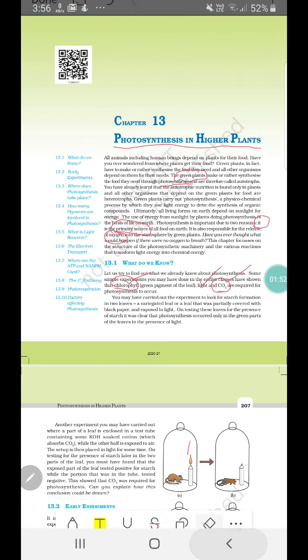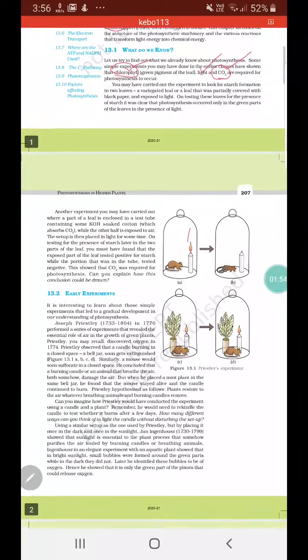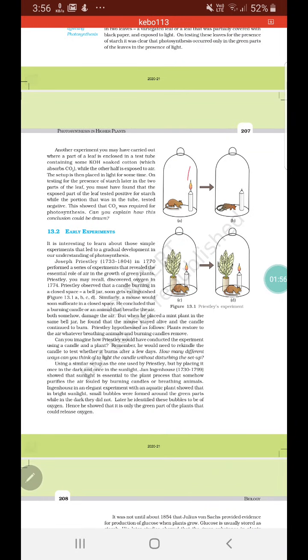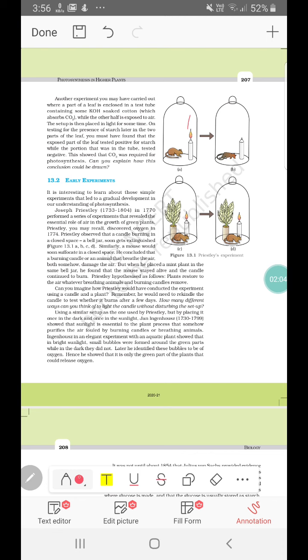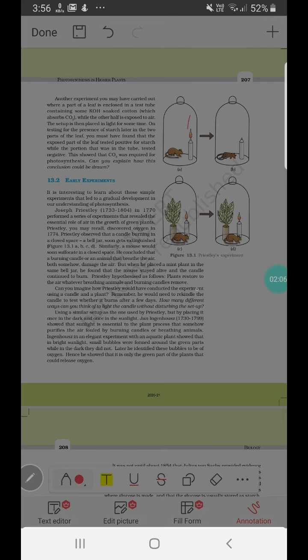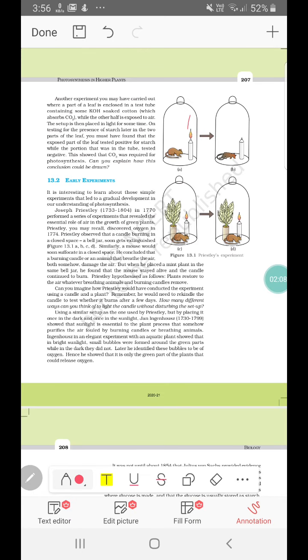When it absorbs carbon dioxide, it will not allow the plant to carry out photosynthesis. Then we can do the iodine test and test for the presence of starch. The plant which has potassium hydroxide will not show photosynthesis. Like this, these conclusions were drawn.